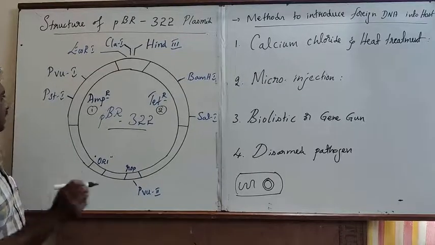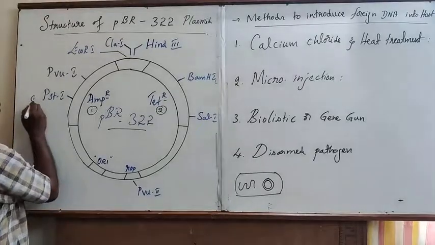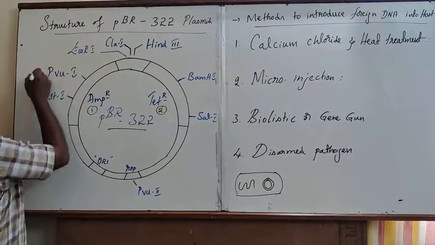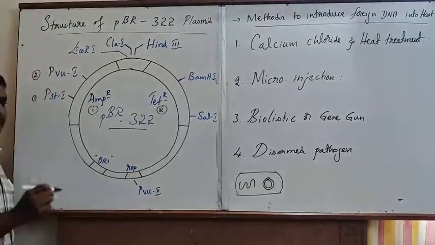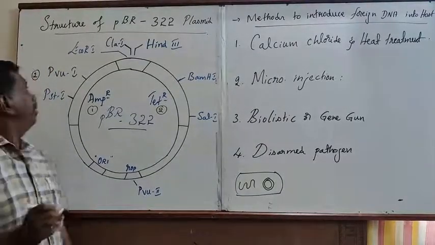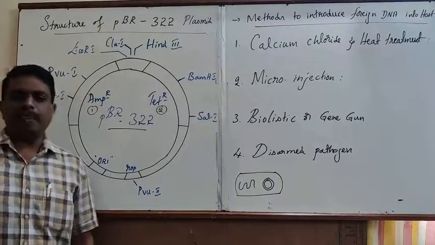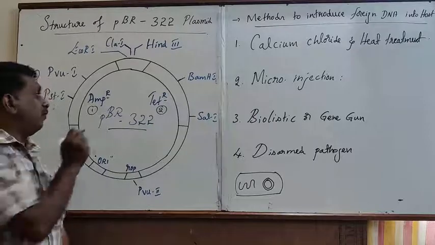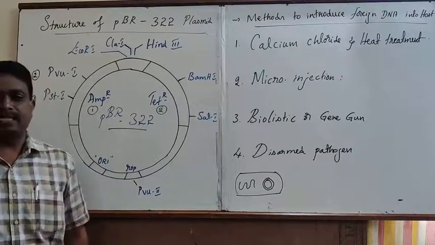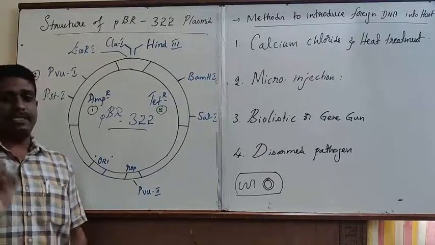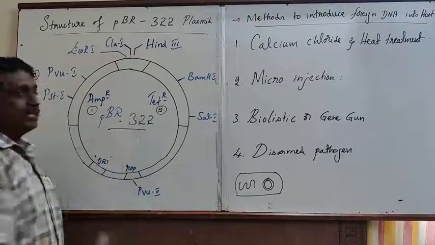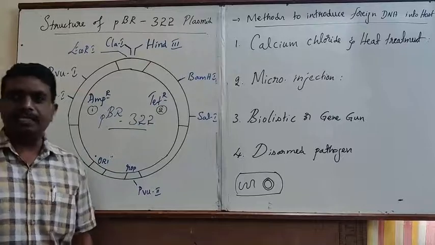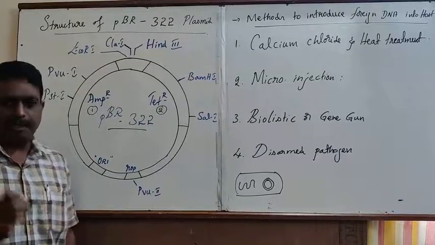The two recognition sites are PST1 and PVU1. PST1 and PVU1 are the two important recognition sites found on the ampicillin resistant gene. But in case of the tetracycline resistant gene, it is another important selectable marker.